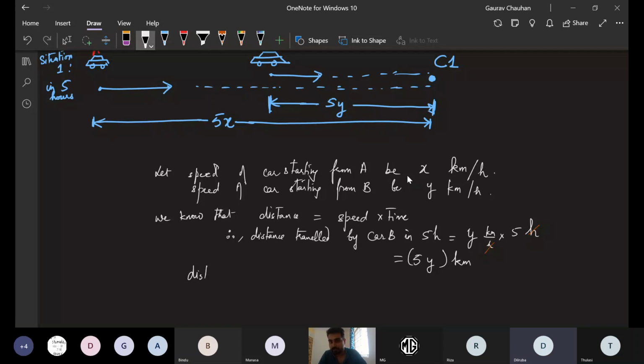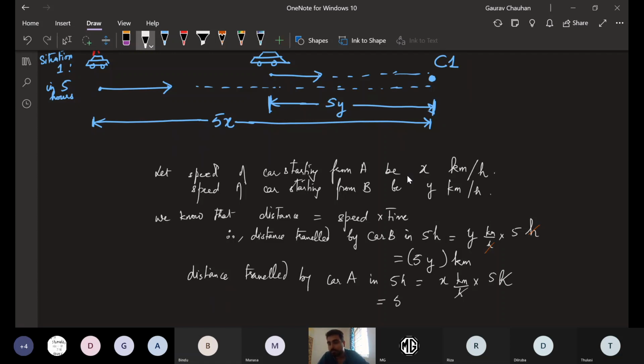Yes, sir. Distance traveled by car A in 5 hours is equal to x kilometer per hour into 5 hours. The hours again cancel.